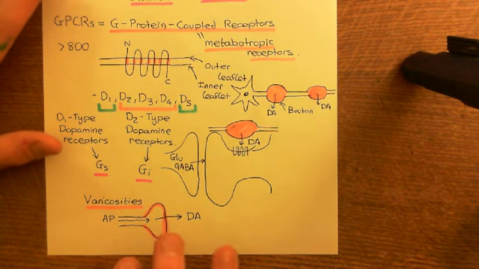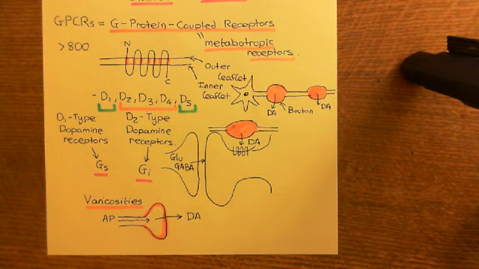Okay, and we've also got these varicosities just releasing dopamine into the extracellular fluid of the brain, and that can act on any neurons in the vicinity.